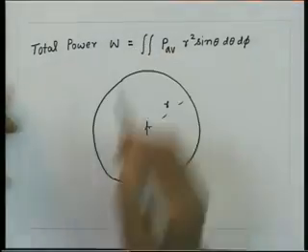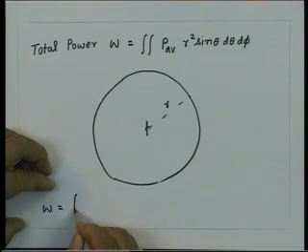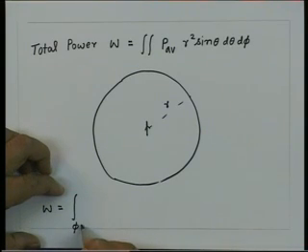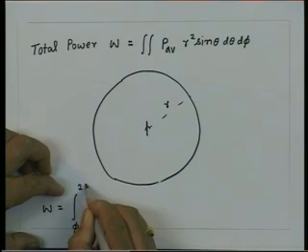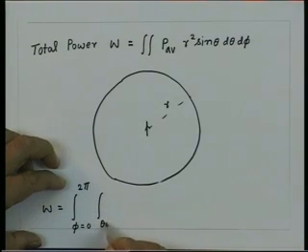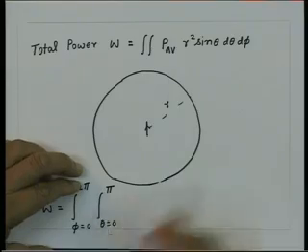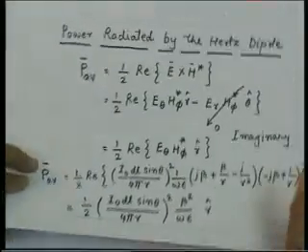So, this integral we can write as W equal to, as we know, limits for phi is 0 to 2 pi, the limits for theta is 0 to pi, and I can write down this Poynting vector which I have got there.